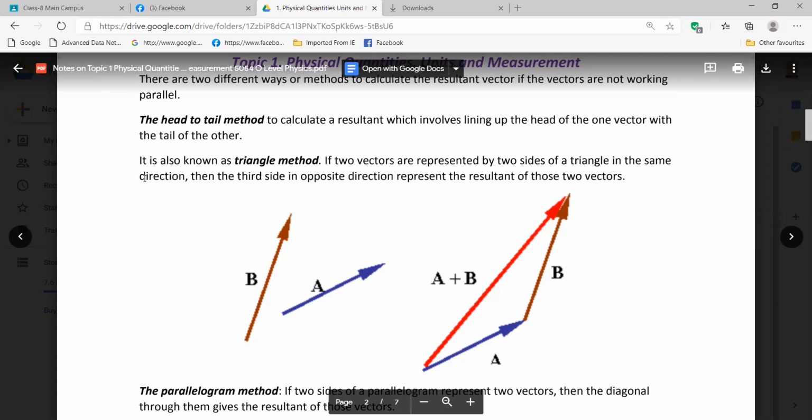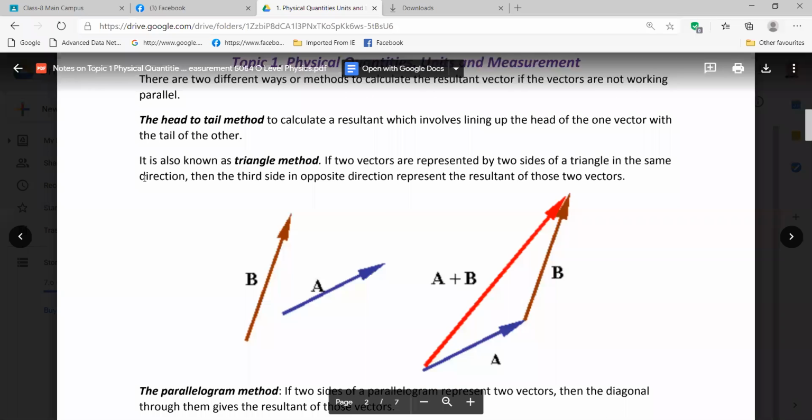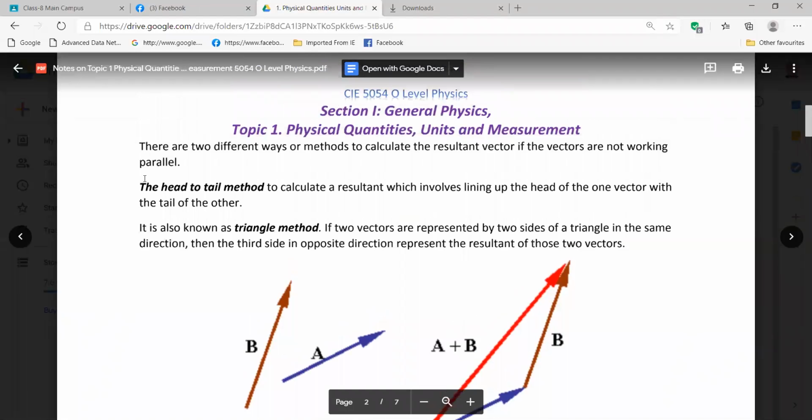In vector sum, not only the magnitude, we also have the direction, right? That's making the resultant. Can you recall that in vectors we learned that it has both magnitude and direction? Can you remember that one?